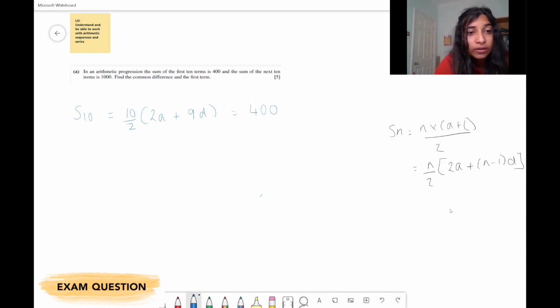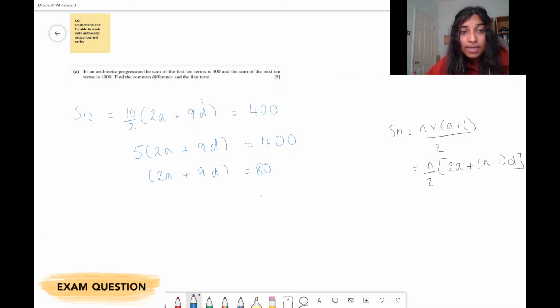So we have 5 times (2a plus 9d) is equal to 400. And then we can divide both sides by 5, so we'd have 2a plus 9d is equal to 80. So that's an expression for the first 10 terms.